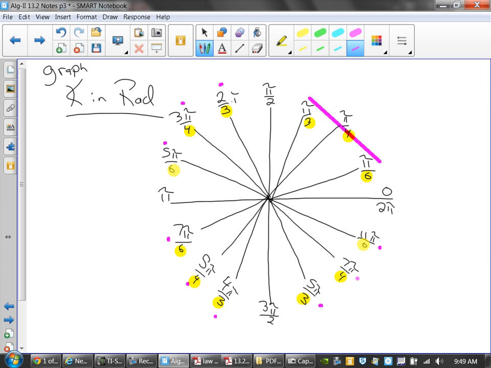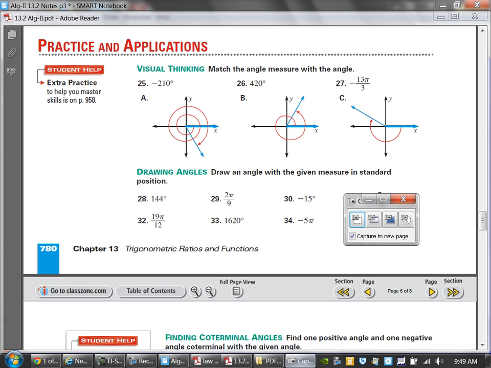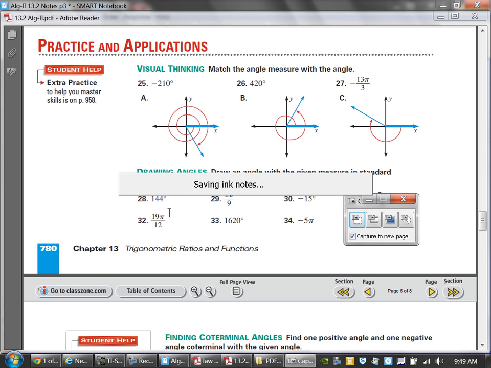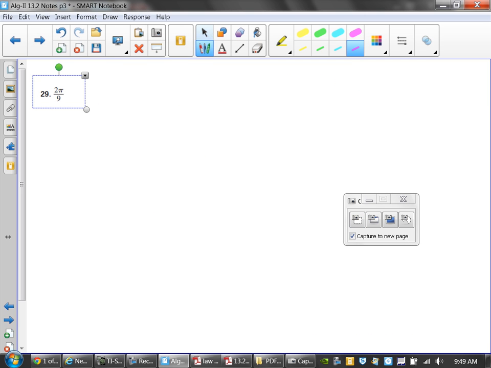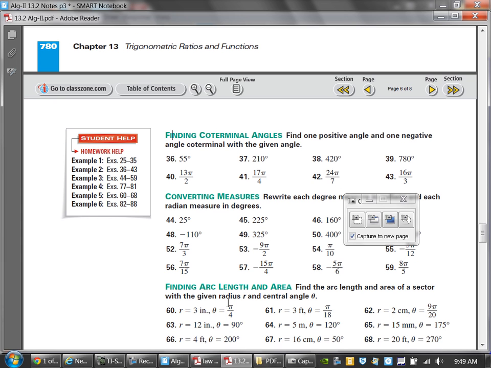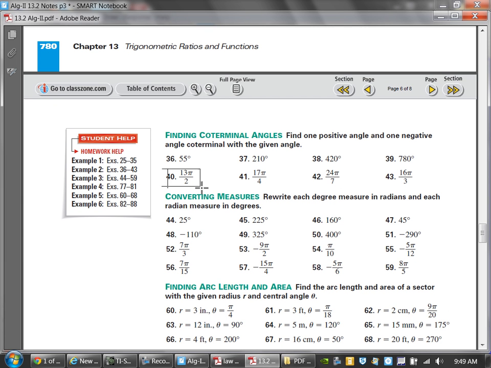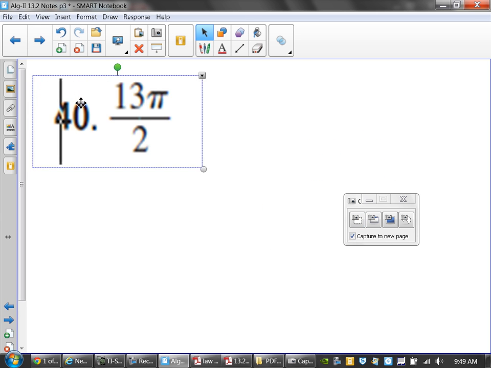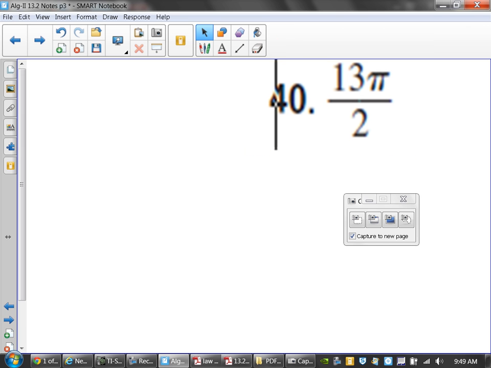Let's look at an example: 13 pi over 2. I want to graph that and find a positive and a negative coterminal angle.